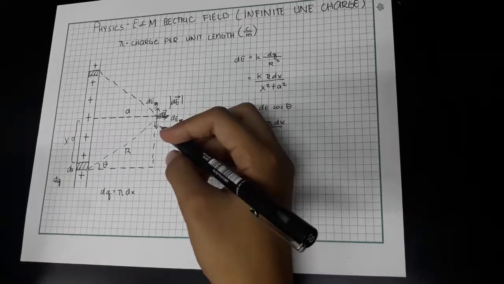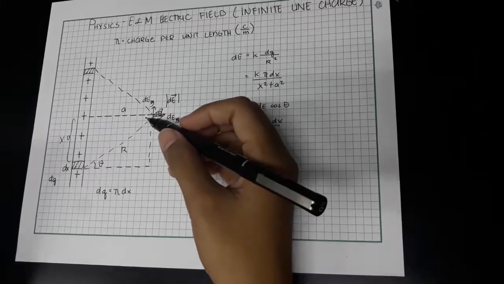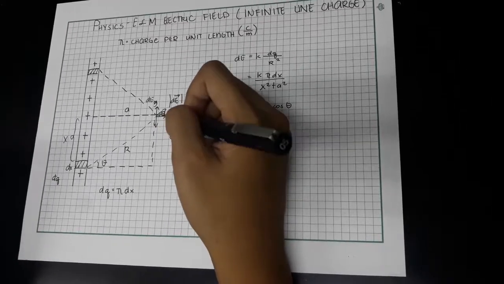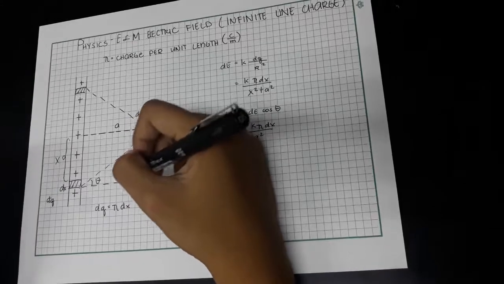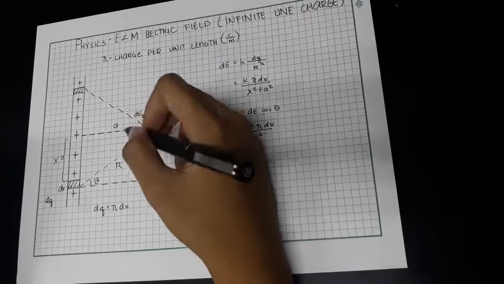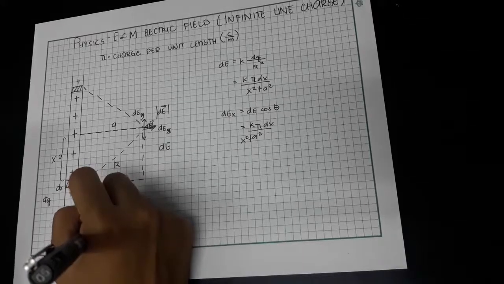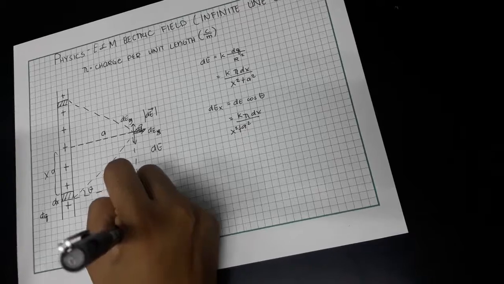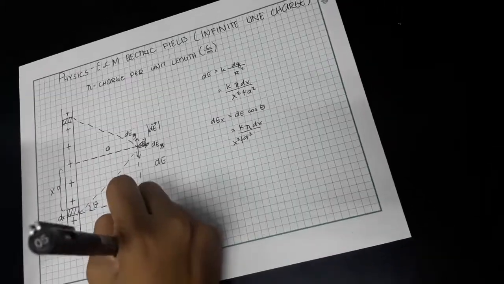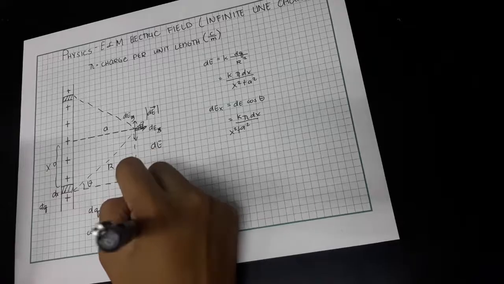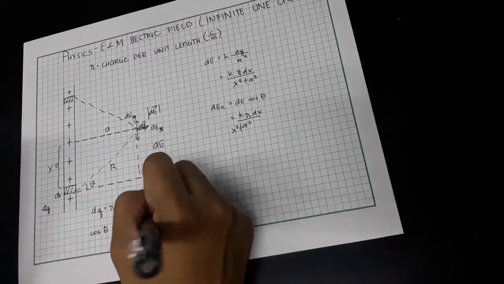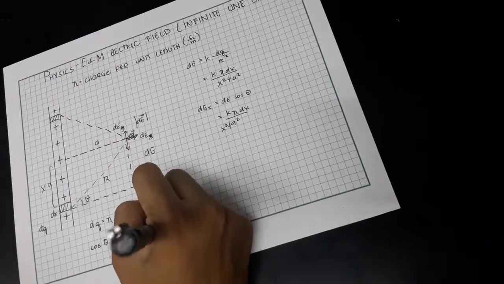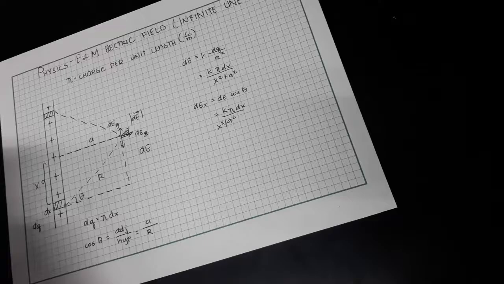I've noticed, keep drawing this way, this here is the opposite side of this angle, and here is the adjacent side of this angle, and the hypotenuse. Since the cosine of theta is adjacent over hypotenuse, a will be the adjacent, and r can be written as the hypotenuse.